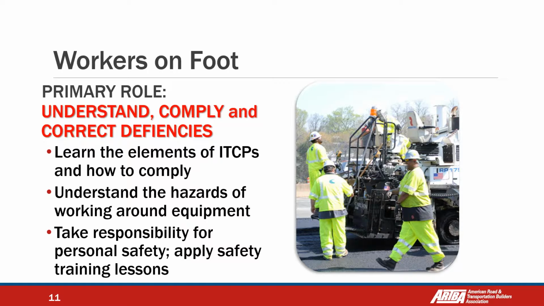But it's important for us to verify. Look, the internal traffic control plan is about workers on foot safety. This is our main goal, and it's very, very important for us that they do all these things: understand, comply, and correct deficiencies. Help us to correct deficiencies. Okay.